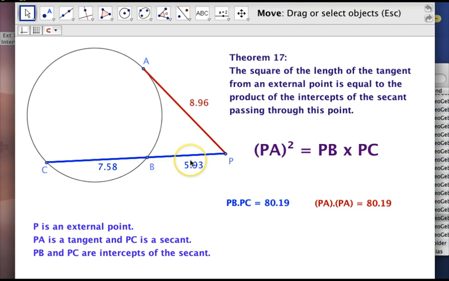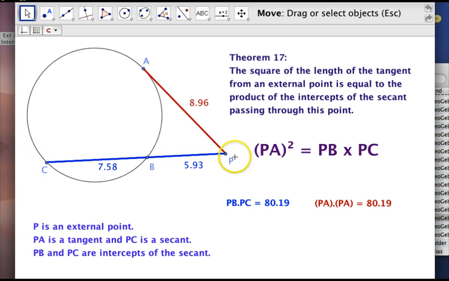PB, girls, now this is where people get confused with this theorem. PB is a secant intercept, and so is PC. So you've got to go from P to B and P to C. I don't want PB and BC. The intercepts of the secant are from the beginning of the secant to the first place where it cuts the circle, PB, and from P to C where it cuts the second part of the circle.